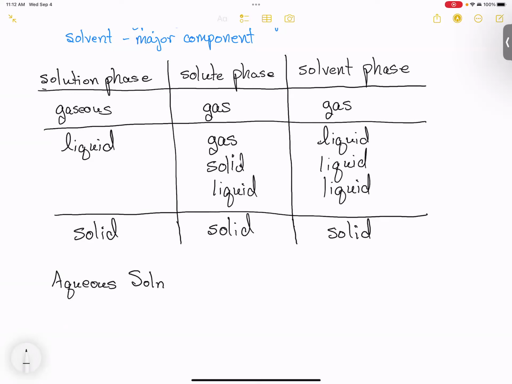But anyhow, most of ours is an aqueous solution, so the solvent is water. And the solute can be a gas, such as hydrochloric acid. It can be a solid, such as copper sulfate solution, or it can be a liquid, as I've already given you. The most common example is isopropyl alcohol.